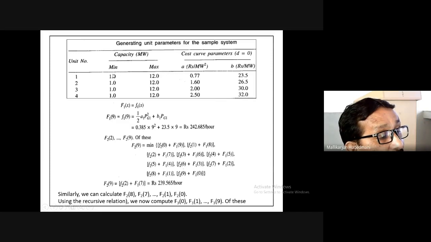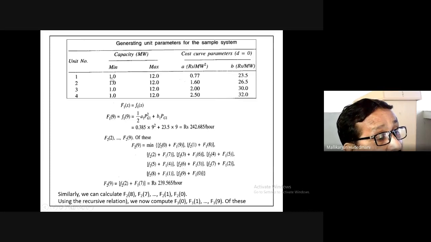Suppose machine number 1 generates 9 megawatt, machine number 2 does not generate, 9 plus 0. This is the first combination I can do. Because my target is to use 2 generators to generate 9 megawatt. In this regard, my first choice being machine number 1, I know how much it incurs for 9 megawatt. Likewise, I take 9 megawatt from this, 0 megawatt from that. I am combining here 0 megawatt, 9 megawatt.